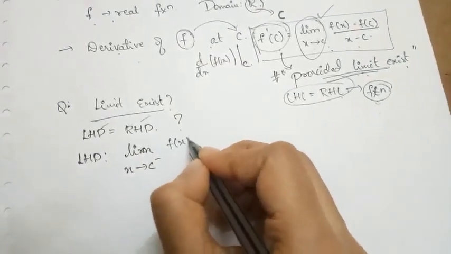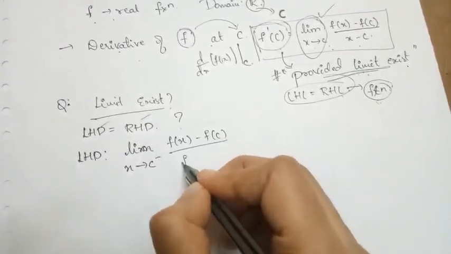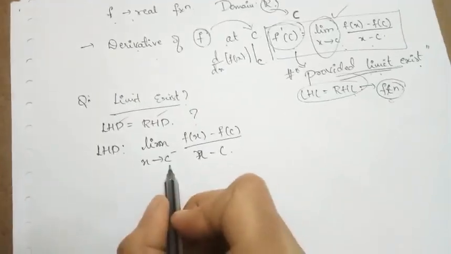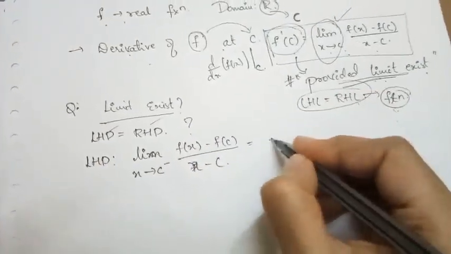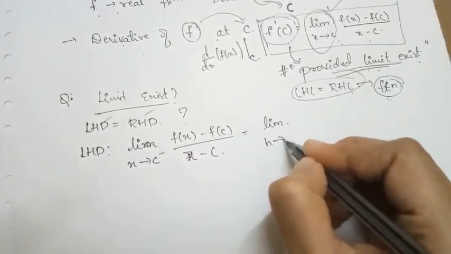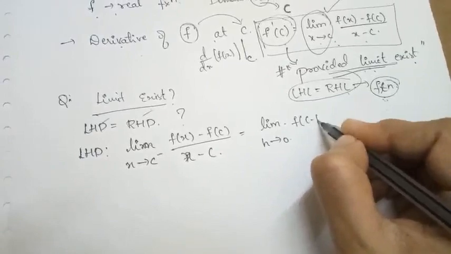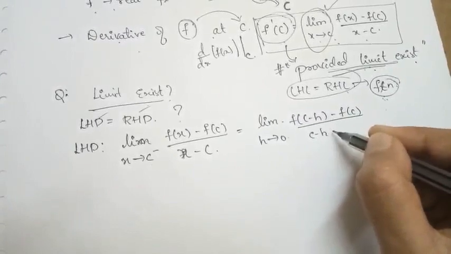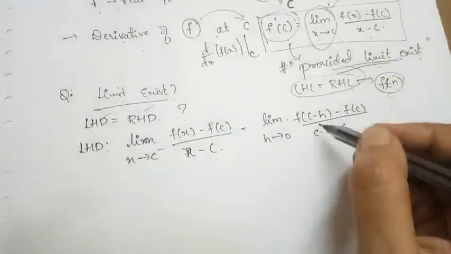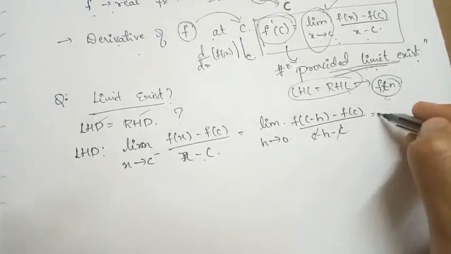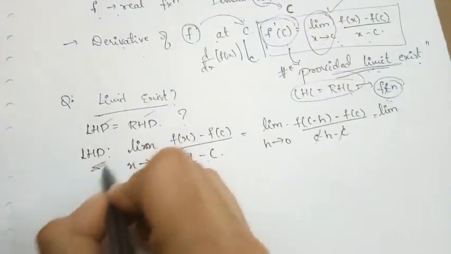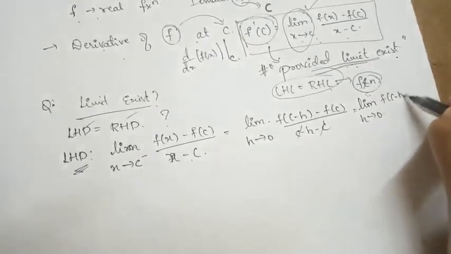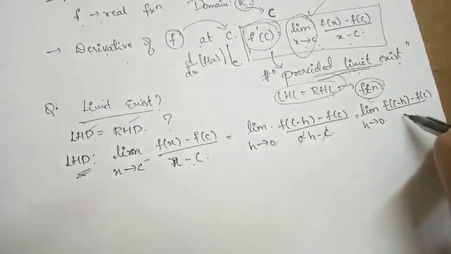The derivative definition is f of x minus f of C divided by x minus C. Since x is approaching C from the left side, it is limit as h approaches 0 of f of C minus h minus f of C divided by, in place of x, C minus h minus C. The C minus C cancels. So our left hand derivative is limit h tending to 0 of f of C minus h minus f of C divided by minus h.